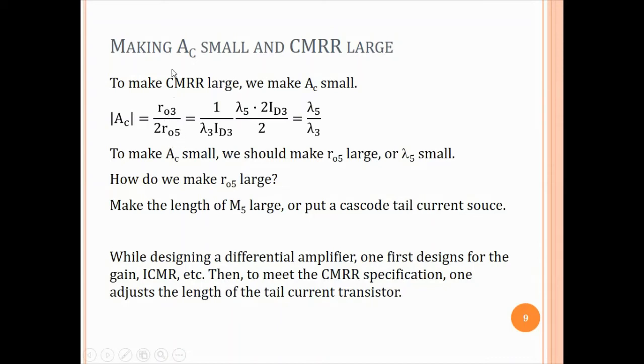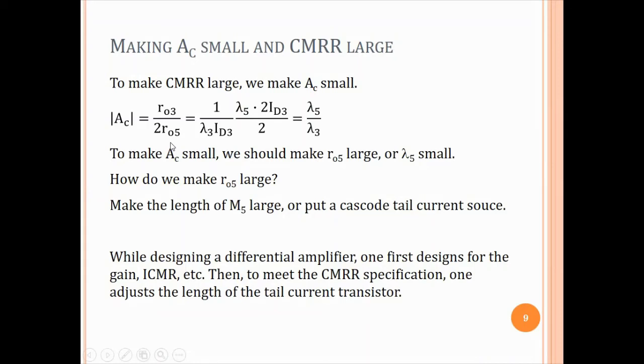To make AC small, we must make RO5 large. What is RO5? The RO of the tail transistor. And how do we make RO5 large? We either make the length of M5 large or we put a cascode tail current source. Alright, so one of these two is done to make the common mode gain smaller.